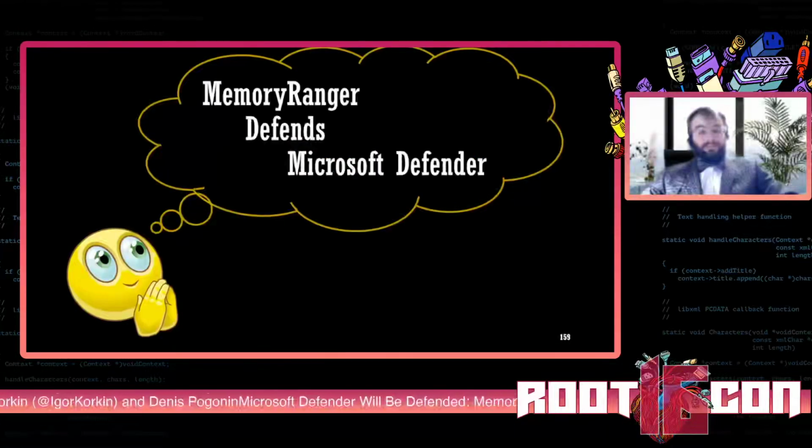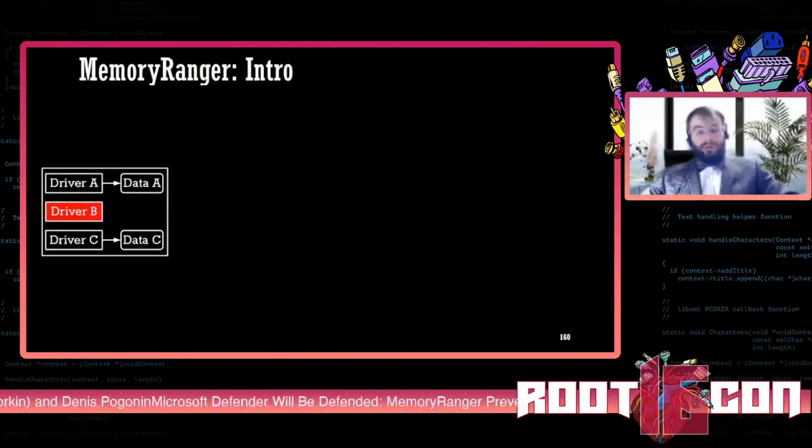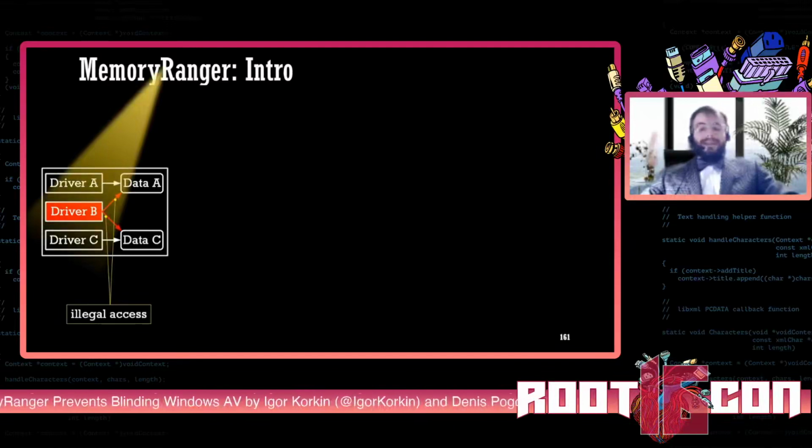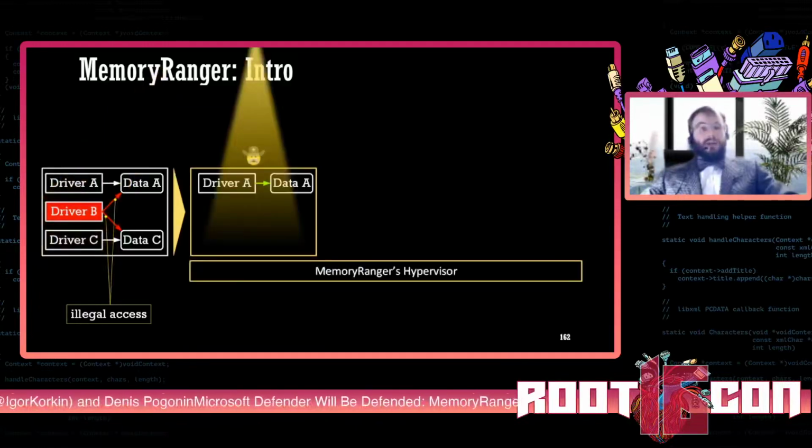In Windows kernel, drivers share the same memory space with the OS kernel. There is no built-in mechanism to restrict illegal access attempts to the kernel memory. I designed MemoryRanger to solve this problem by allocating a separate kernel enclave for each newly loaded driver.